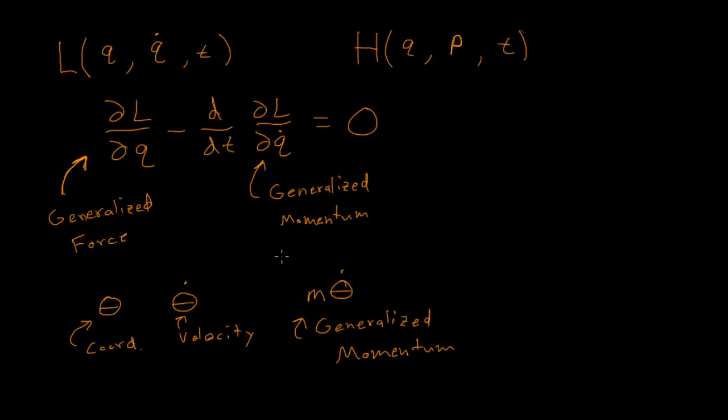Actually, this isn't true. We know that's not true. So this would be the angular momentum. But we know that m times theta dot isn't the generalized momentum. It's actually the moment of inertia times the generalized velocity. So this moment of inertia contains all kinds of stuff about the problem, right?